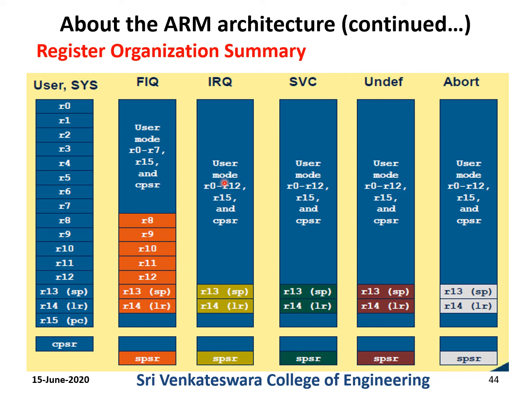And in most of the operating modes, you can see there are some common registers which are used in all the modes of operation. Only in the fast interrupt request mode, a larger number of separate register banks are used.